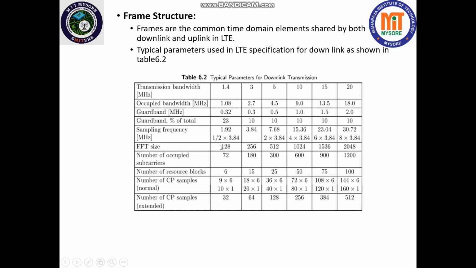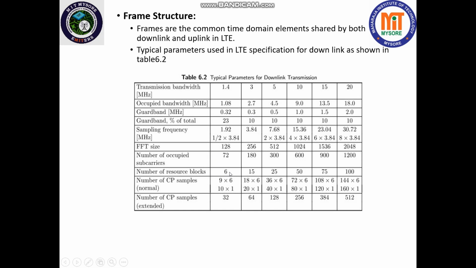It is the number of subcarriers. You can go to module 2 and see how it is mapped. Only 72 subcarriers are useful. Other subcarriers are used as pilot carriers or for some other application. The number of resource blocks is 6.